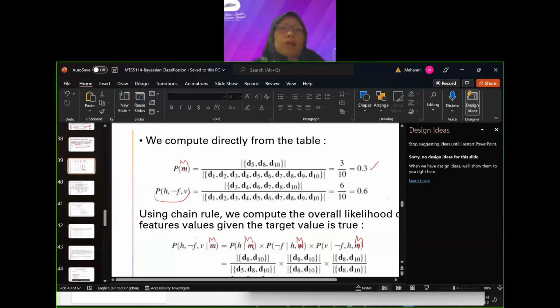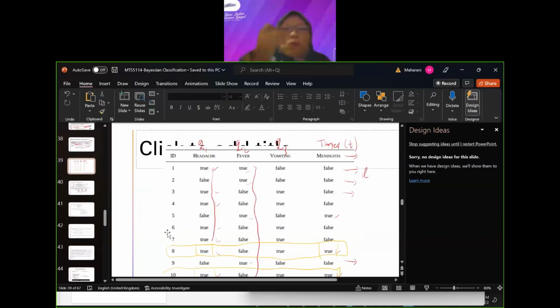Now we look at them one by one. True, true, false. This is not the one that we look for. The second one, false, true, false, is not. The third one, true, false, true. Yes, this one, one.